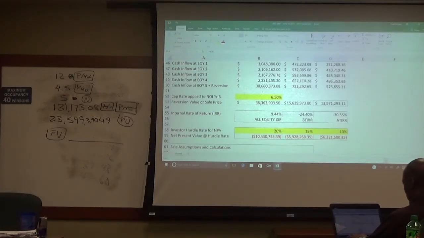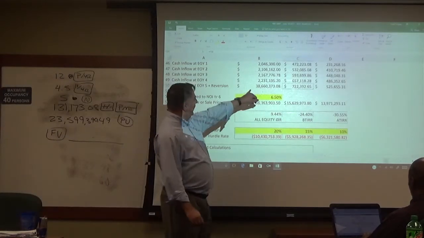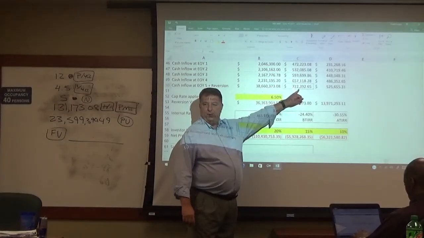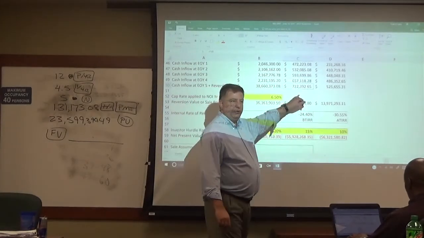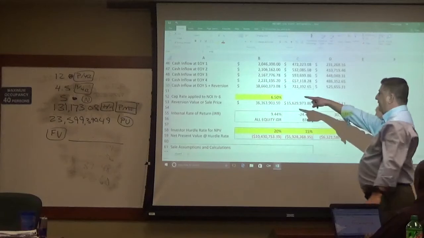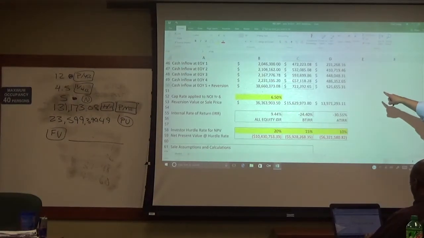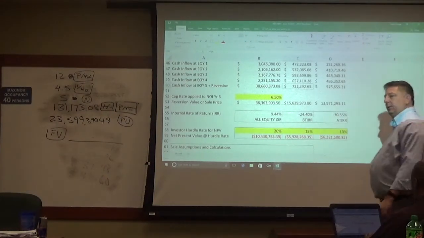Okay, we're almost there. Got two more little calculations on this and then we're done. What we need to do is add your reversions into those final years for the before tax and the after tax.